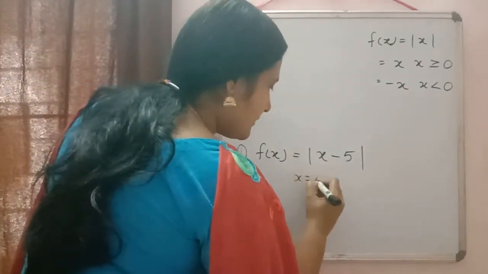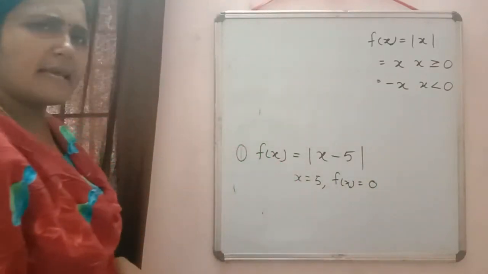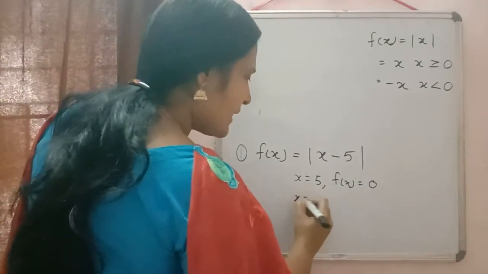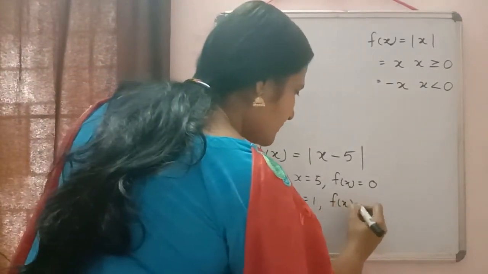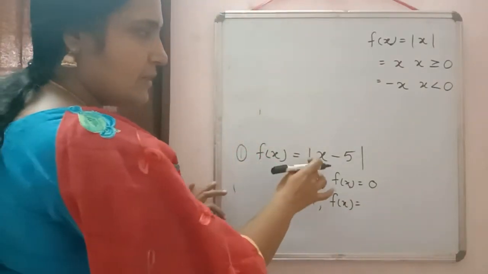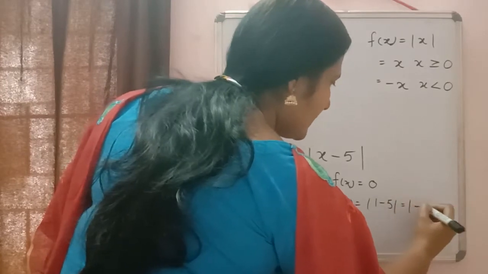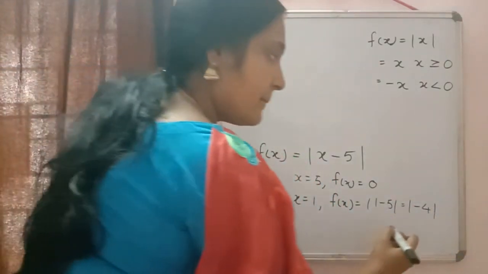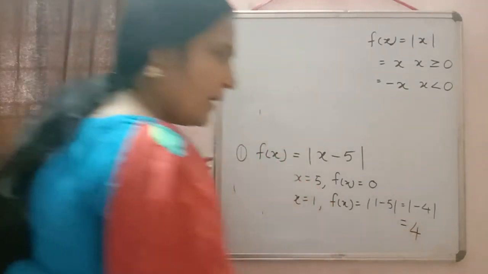If x is equal to 5, we will get f of x equal to 0. Take any other value, suppose x is equal to 1. Then f of x is equal to modulus of 1 minus 5, which is modulus of minus 4. And modulus of any number is positive, so it will be equal to plus 4.